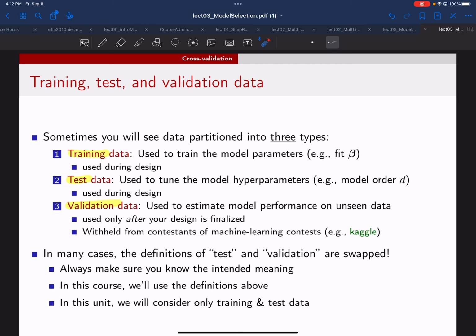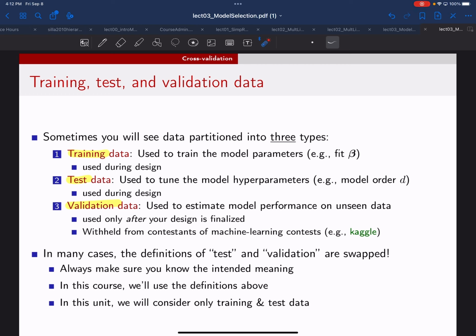You still often might want to do one more stage of testing on data that you have not used for either training or model order selection. And so we will call that validation data. So that you'll do one more validation of your model on some data that you haven't seen before.